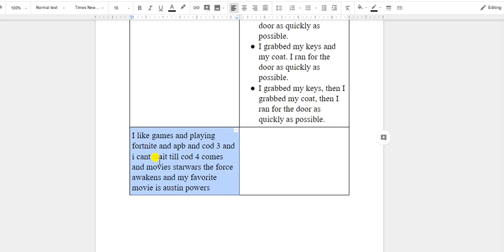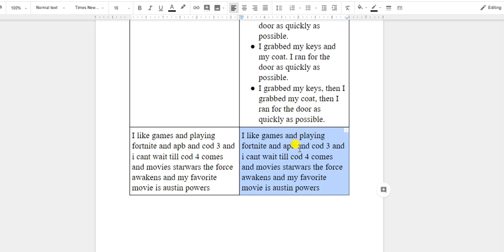So let's look at one way we could fix this. It's going to involve breaking things into multiple sentences. Now, one thing is true. You don't want to say "and" over again and over again and over again. It's okay to use these conjunctions, but you need to use them in a logical way, okay? I like games.